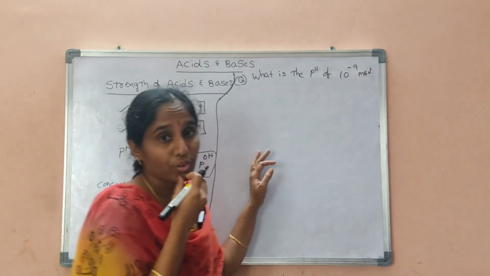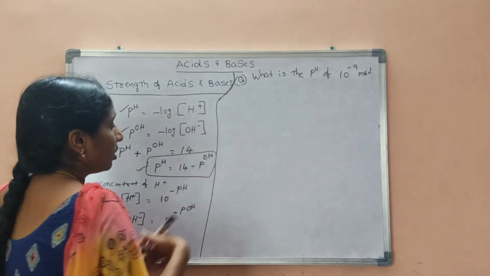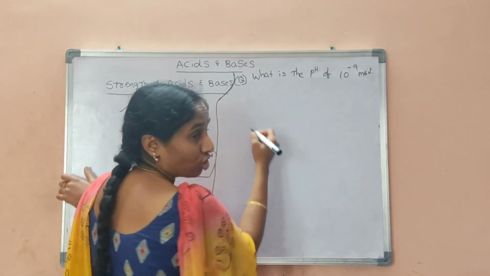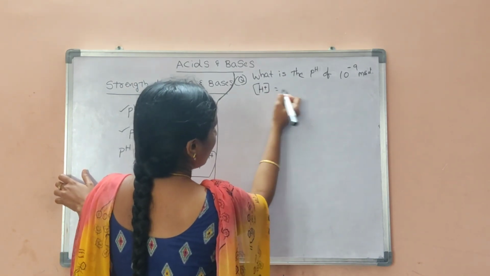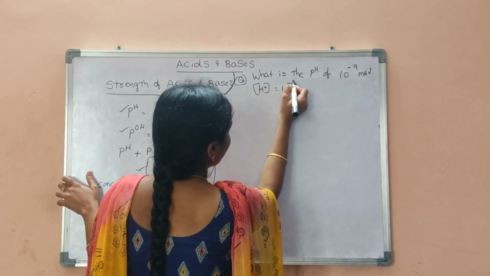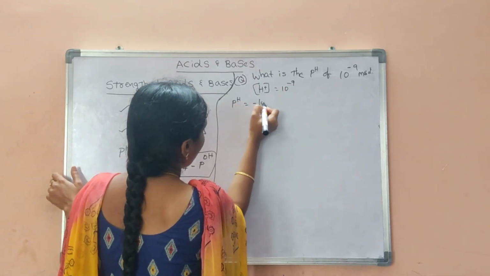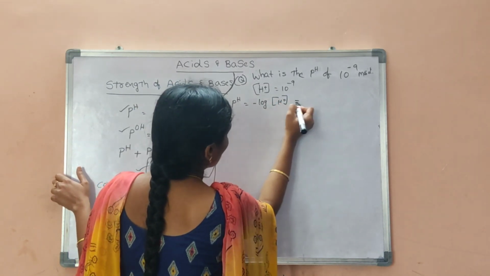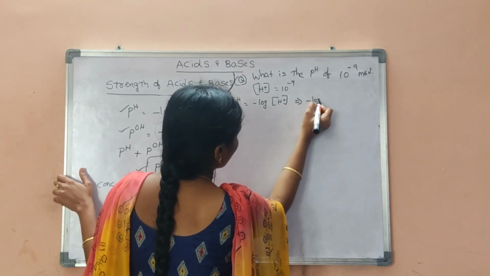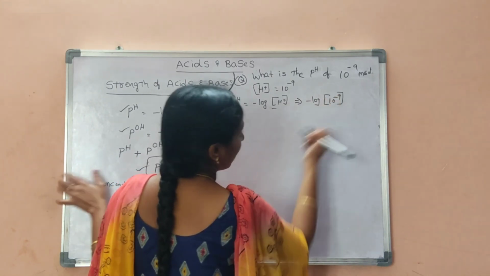Here, the concentration of H plus ion equals 10 to the power of minus 9. pH equals minus log H plus ion concentration. So, minus log 10 to the power of minus 9.